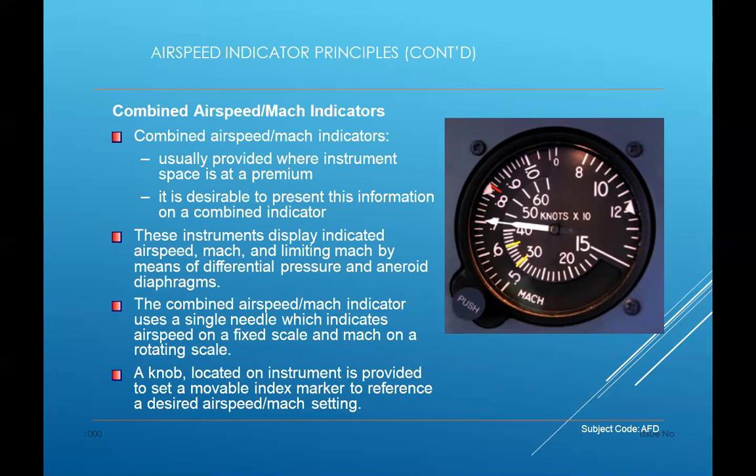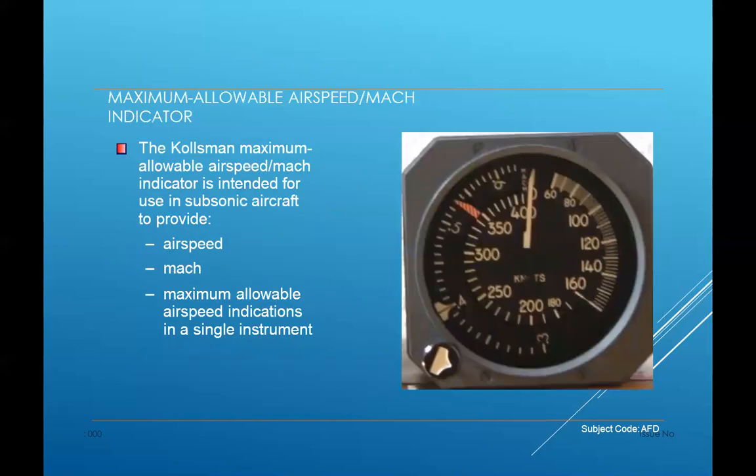A knob located on the instrument is provided to set a movable index marker to reference a desired airspeed or Mach setting. The maximum allowable airspeed Mach indicator, intended for use in subsonic aircraft, will provide airspeed, Mach and maximum allowable airspeed indication in a single instrument.